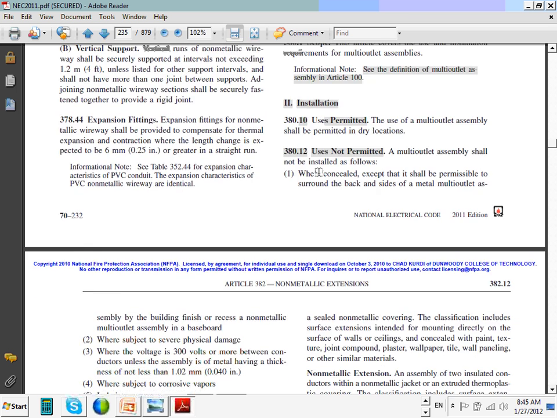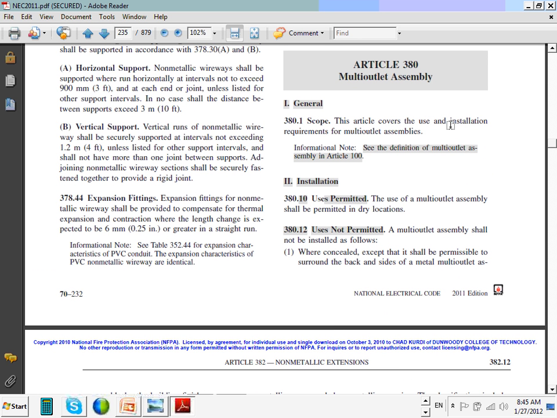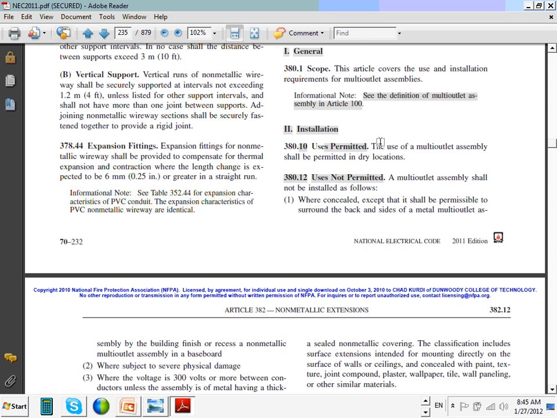Multi-outlet assembly, it's manufactured. Look how they define it. It's a raceway that's manufactured. All the wires and all the receptacles have been pre-manufactured, exactly like this one in front of you. It comes pre-shaped, so you can use it in location.